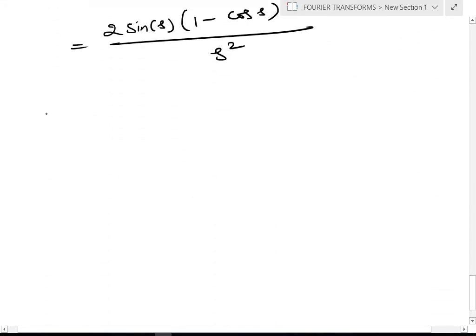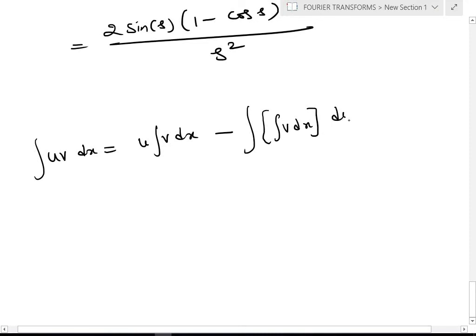Integration by parts is the integration of u into v, where they are functions of x. The first term will be u into the integration of v, then minus the integration of the integration of v into the differentiation of u, with the proper limits.